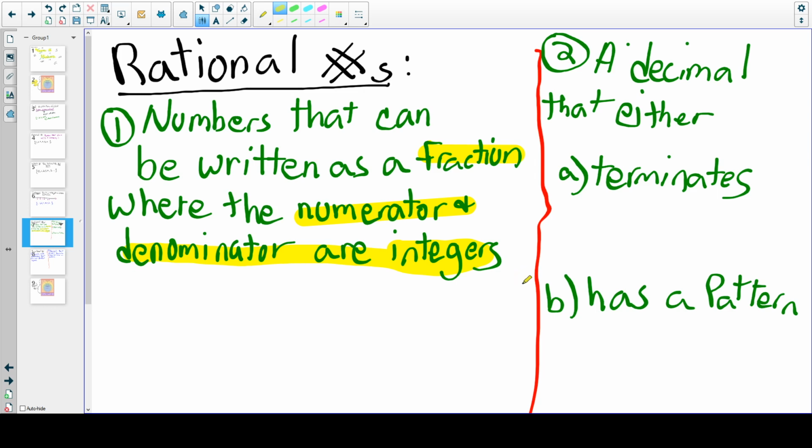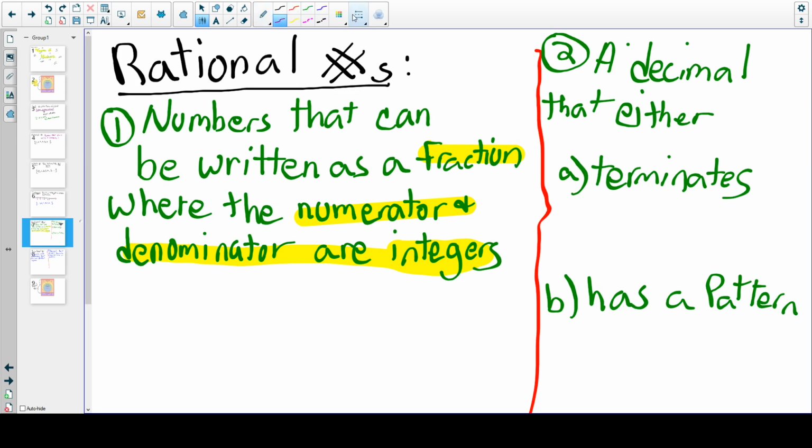We know integers mean positive and negative whole numbers. So we could say numbers that are rational can be written as a fraction where the numerator and denominator are either positive or negative whole numbers.